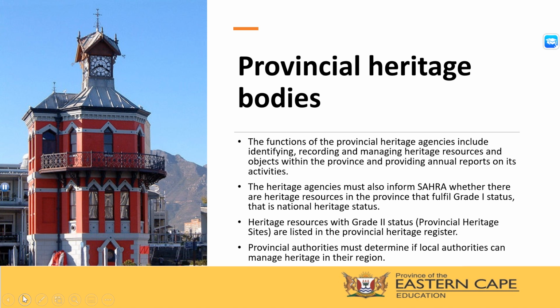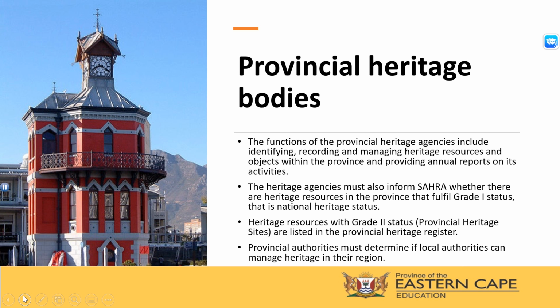We are now looking at each provincial heritage body. They are to identify, record, and manage heritage resources and objects within their province. They must also provide an annual report on the activities that take place within that specific heritage site or provincial heritage site within its province.